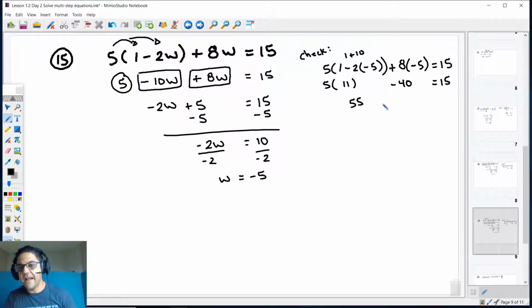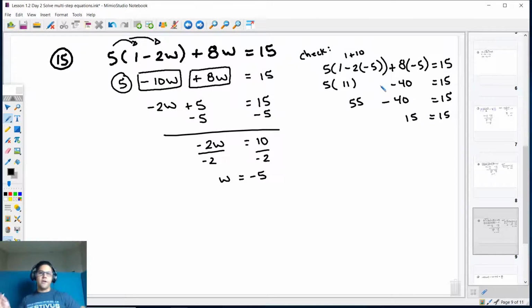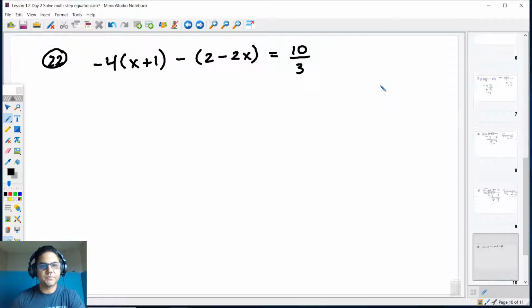So it's 55 subtract 40. Does that give me 15? Yes, it does. 15 equals 15. Very nice. In other words, if I had a 5, it would not work. Because that would give me a negative 10, that would give me a positive 40, it would give me some weird answer, would not give me a positive 15 for my comparison.